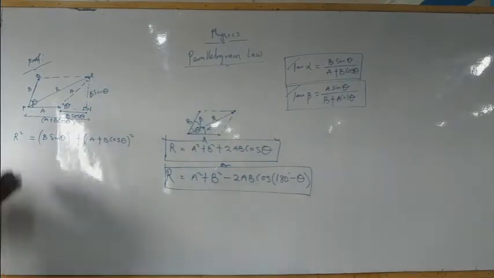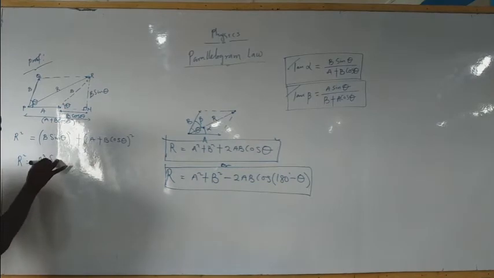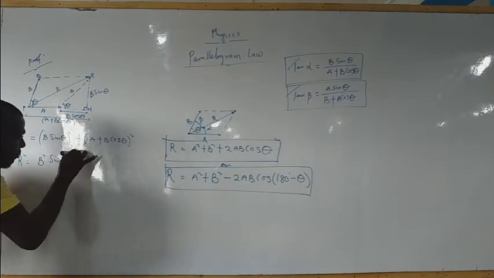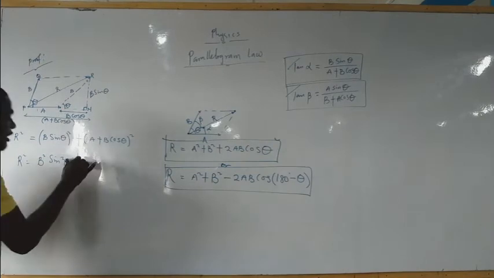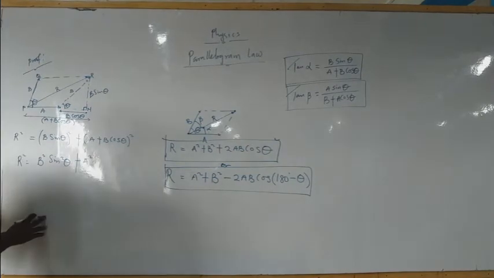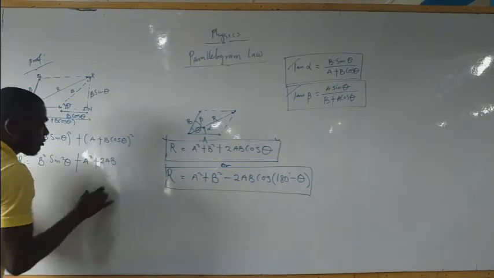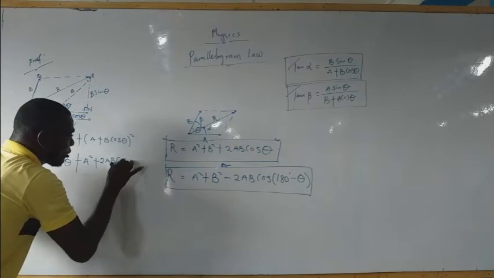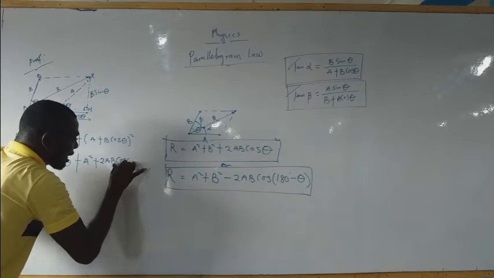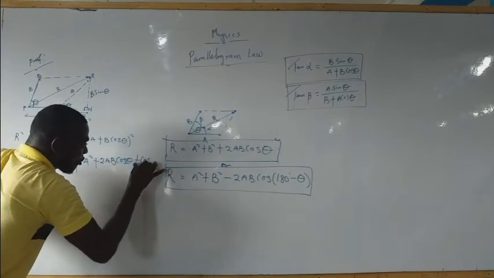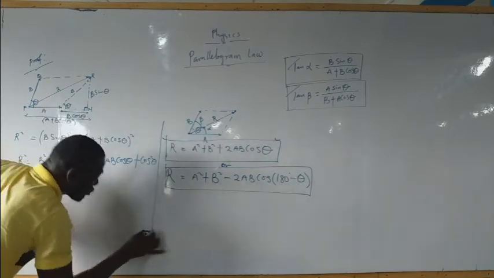Okay? So expand this. It will give you R squared equals B squared sine squared theta plus, expanding this, A squared plus 2AB cos theta plus B squared cos squared theta. Please take note.